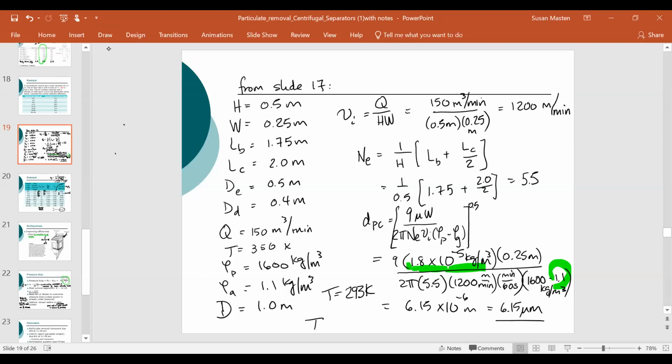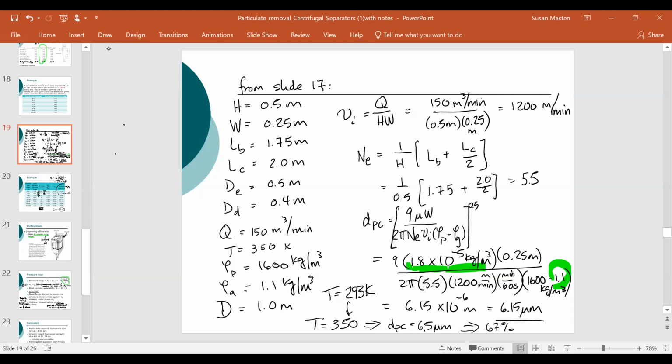If the temperature were 350 Kelvin, then we would need to adjust both viscosity and density, and that would have given a cut diameter of 6.5 microns, and that would result in a removal of about 67%.